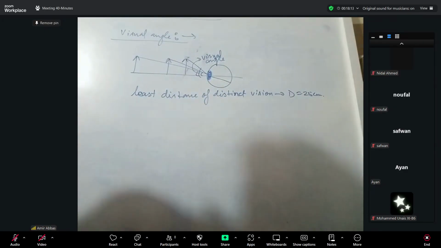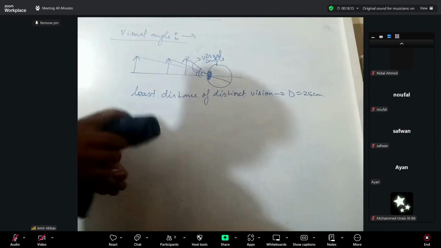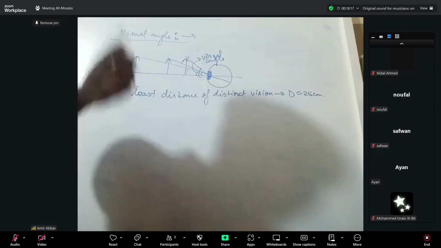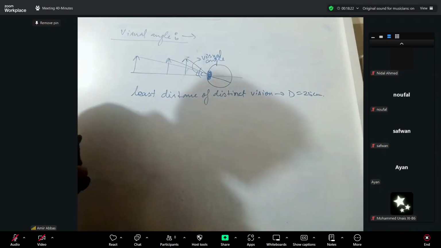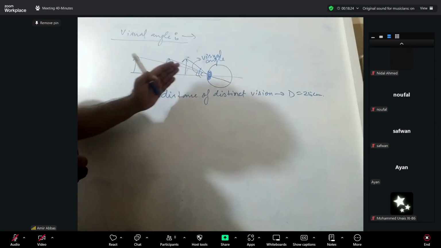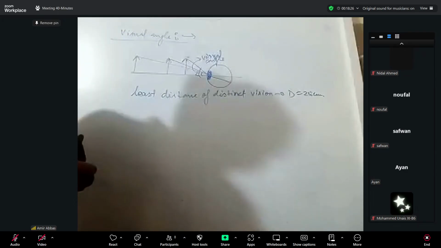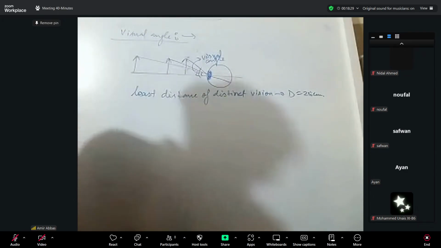It doesn't mean the closer the better, because if you take the object closer than D, the least distance of distinct vision, it will subtend a larger angle, but you cannot see that clearly.